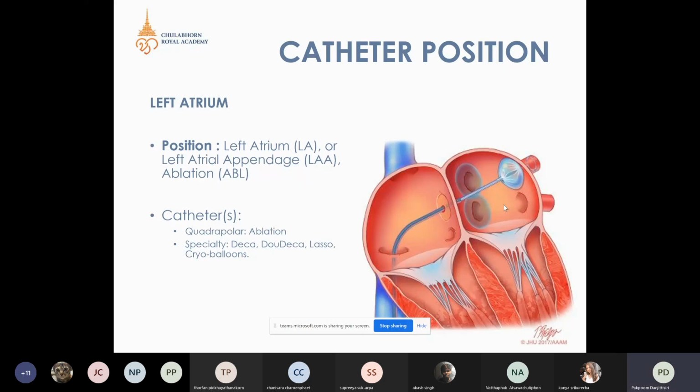In a standard EP study, we just need to place the high right atrium catheter at the area of high right atrium, the coronary sinus catheter in the coronary sinus, and the RVA catheter at the RV apex.